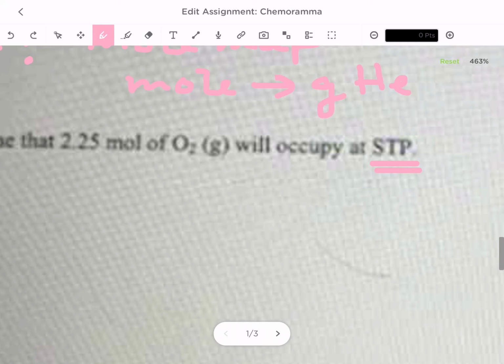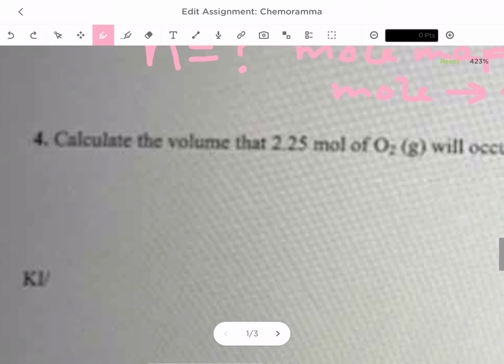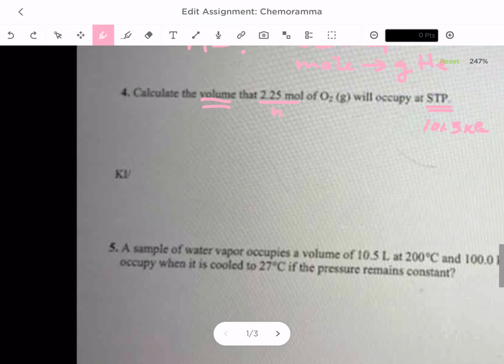There is an actual numerical value for standard temperature and pressure. Standard pressure is 101.3 kPa. And then you can look up your standard temperature, and then you have your P and your T, and you're solving for V, and here is your N. So that's how you're going to do that one.